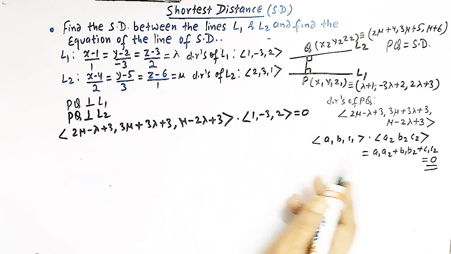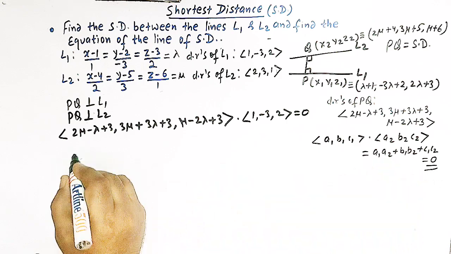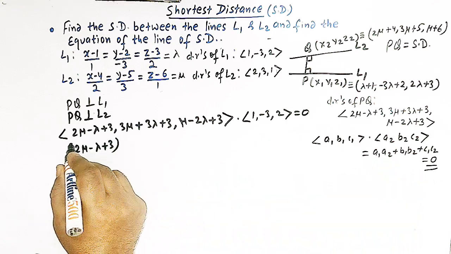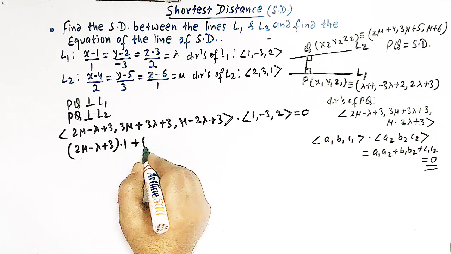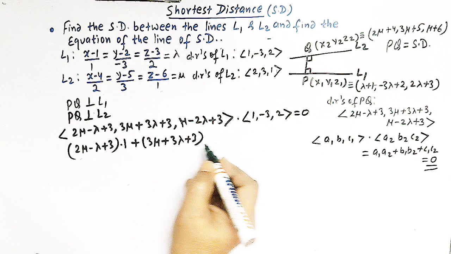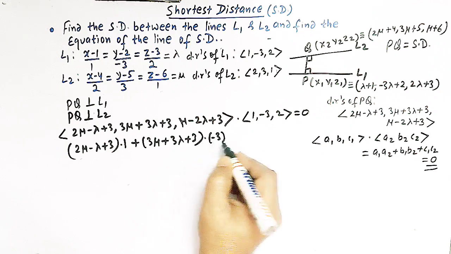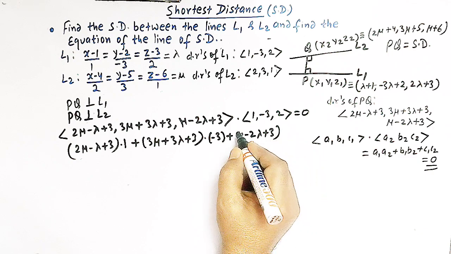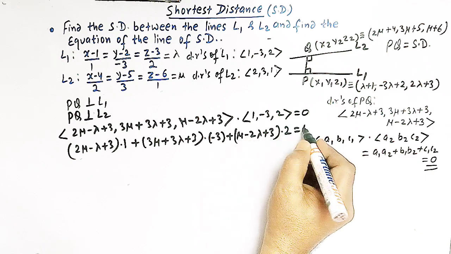So now using this condition, we have 2 mu minus lambda plus 3 times 1, then we have 3 mu plus 3 lambda plus 3 times minus 3, and then mu minus 2 lambda plus 3 times 2 is equal to 0.